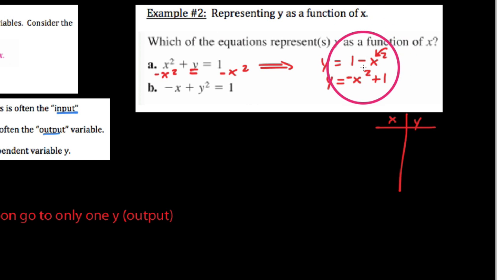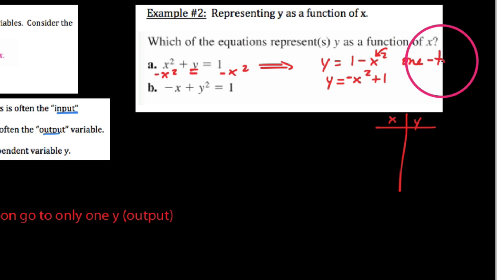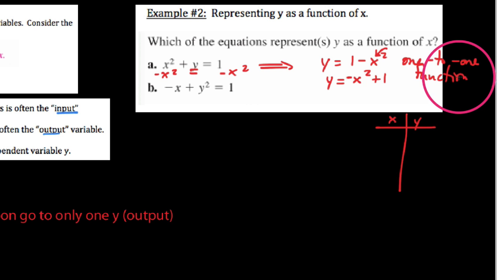So I'm only ever going to have one number for an answer. In this particular case, because y, by itself in terms of x, only gives you one y value back when you plug in x, it is a one-to-one situation, and therefore it is a function. Y is a function of x.